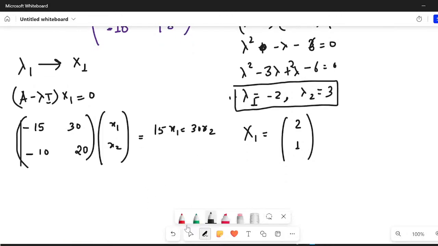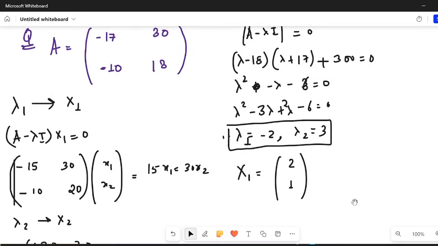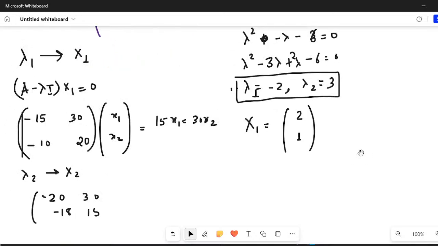Similarly, if I want to find the eigenvector corresponding to lambda 2, let's say this is x2, I'm getting minus 20 here, 30 here, and here I'm getting minus 18 minus 3, so this is minus 10, and this would be 15, and then you have this x1 and this x2.